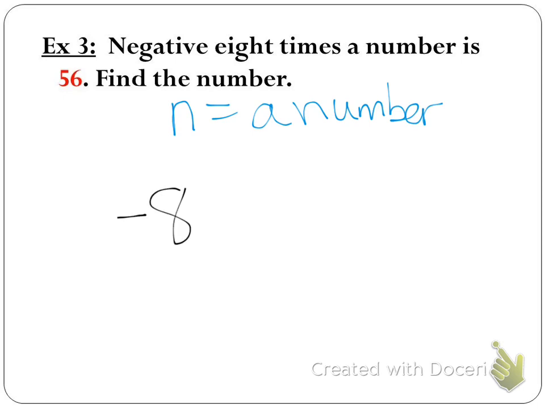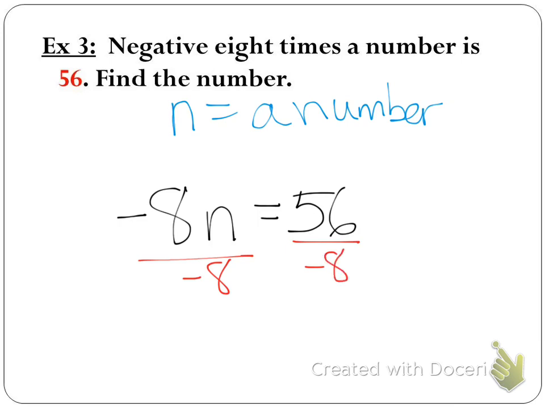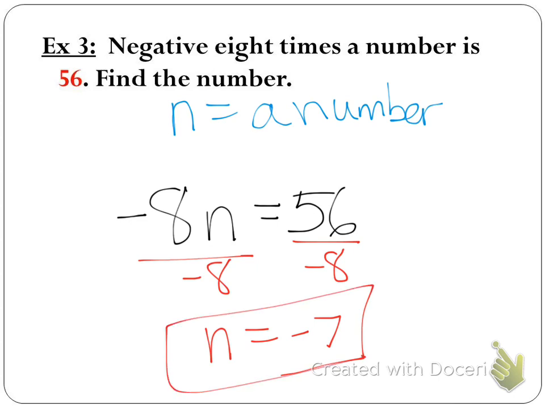Negative 8 N equals 56. Divide 56 over negative 8. Yep, careful with your signs. Very good.